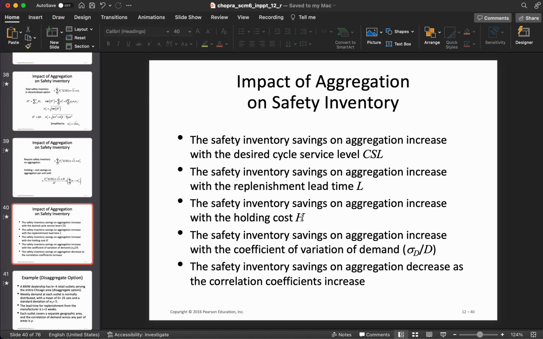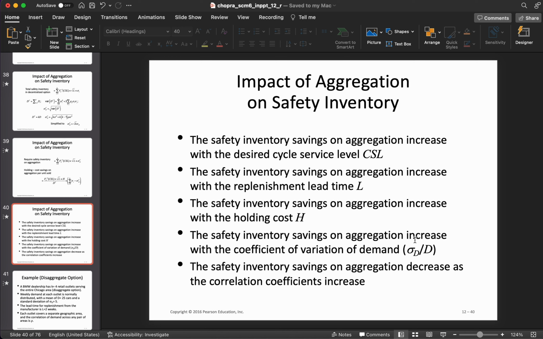Safety inventory savings are higher with the value of holding cost itself. If it's very expensive to hold inventory, then it is better not to hold as much inventory. Again, savings are higher with a higher coefficient of variation. We'll talk more about coefficient of variation when we come to it.